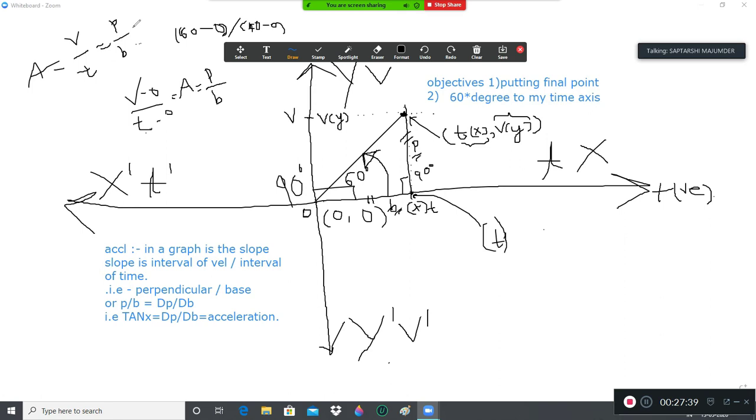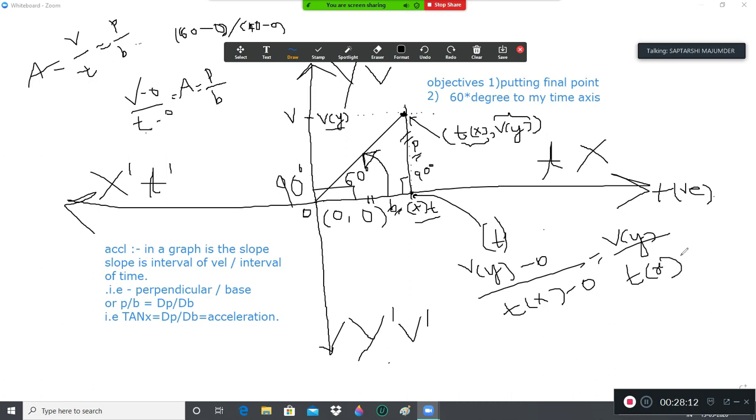Now we need to write one thing here. Perpendicular by base means dp by db. If I consider it Vy and Tx, then it's nothing but Vy minus 0 by Tx minus 0, so V of y divided by T of x.